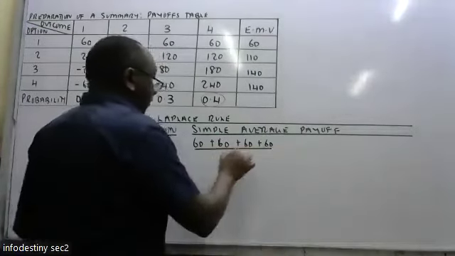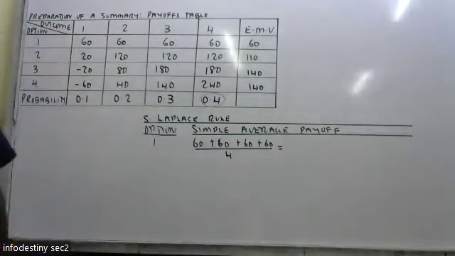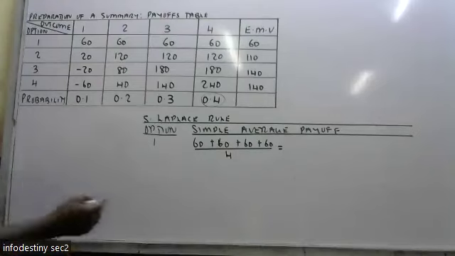All these you divide by 4. The answer is what? 60.